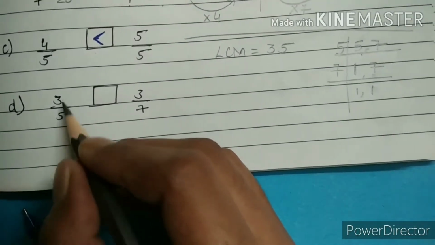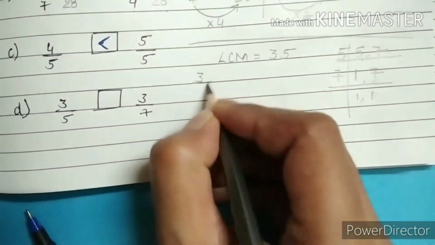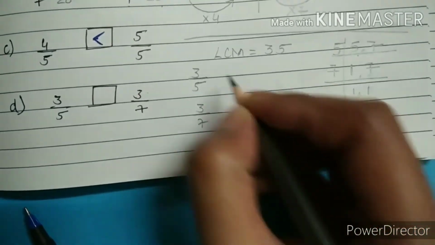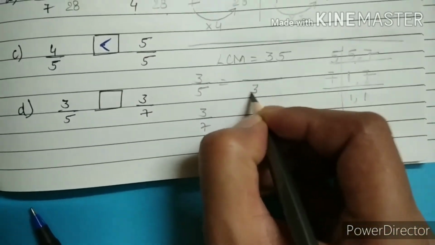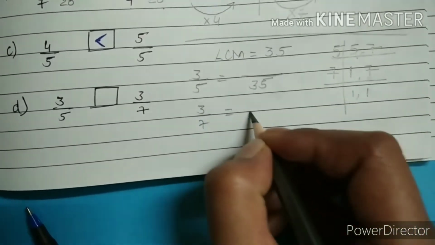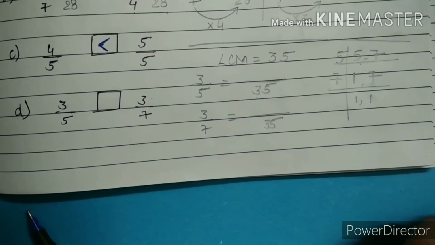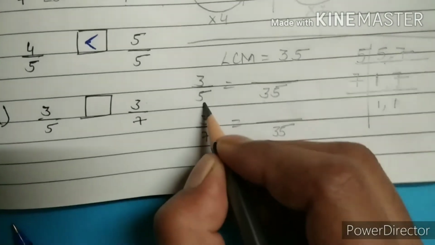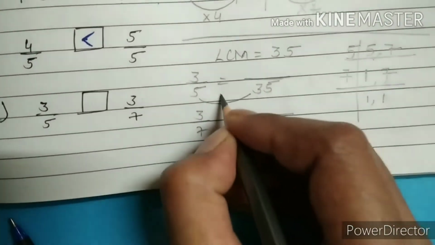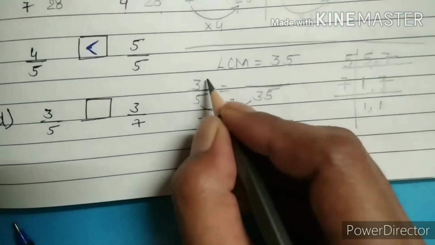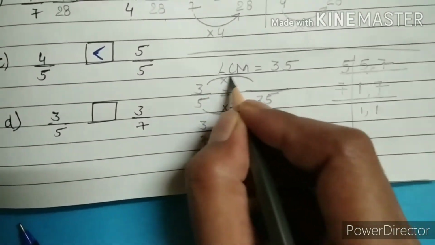We have the first fraction, 3 by 5, and the second fraction, 3 by 7. We have to make both denominators 35 because their LCM is 35. So in the table of 5 we get 35 in 7 times. So the same 7 we will multiply in 3.